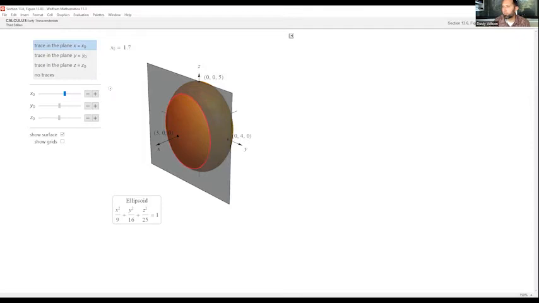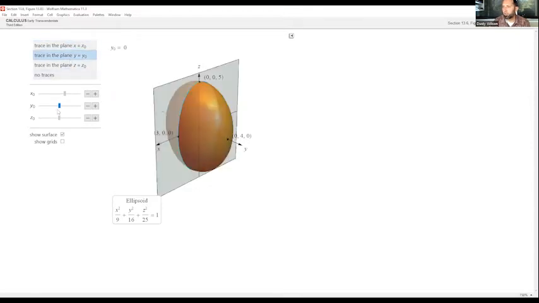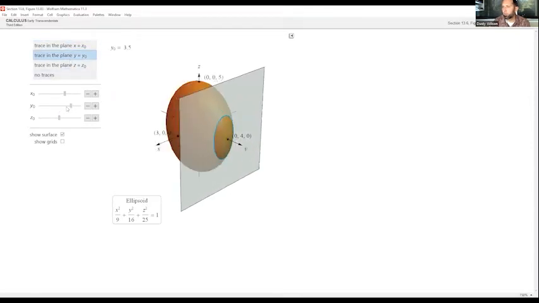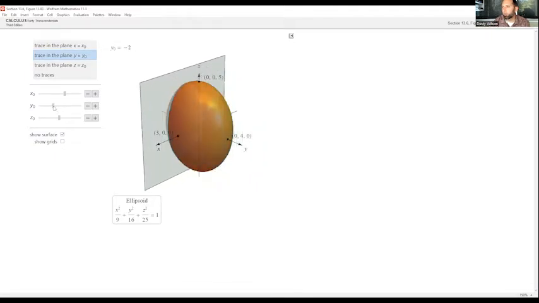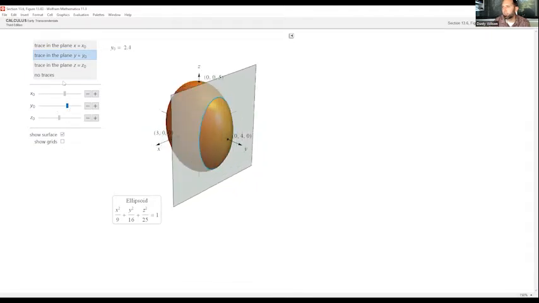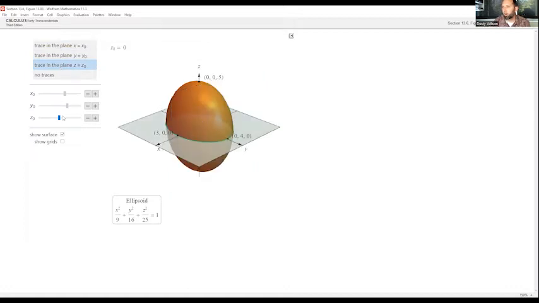So the traces are ellipses as we move along the x-axis. Our traces are also ellipses if we move along the y-axis, and ellipses if we move along the z-axis. So this is the ellipsoid.